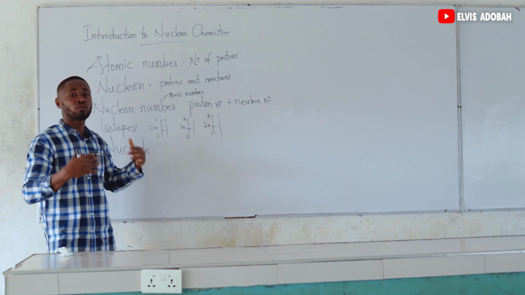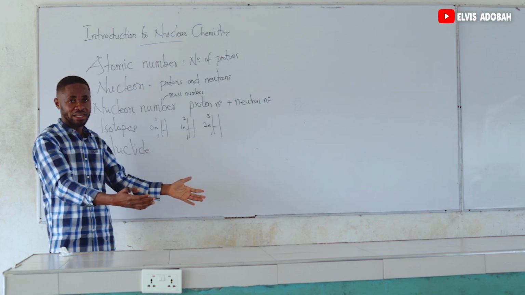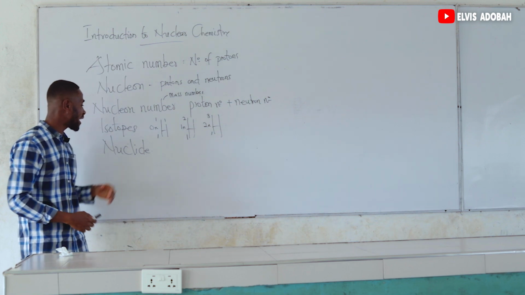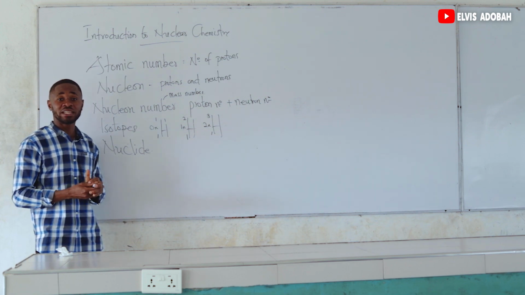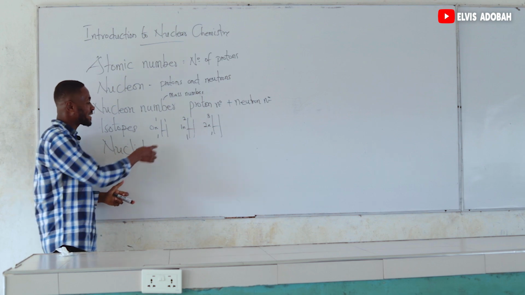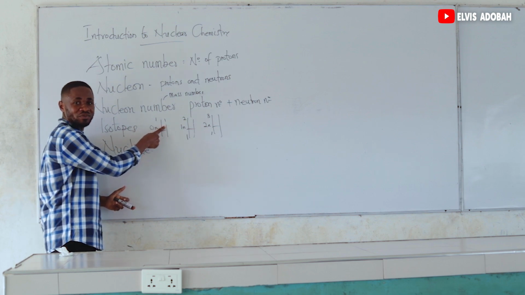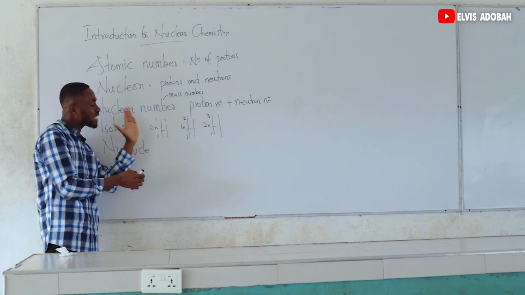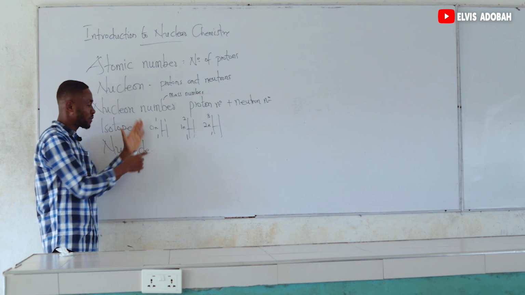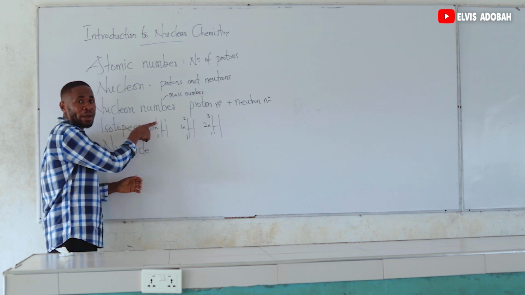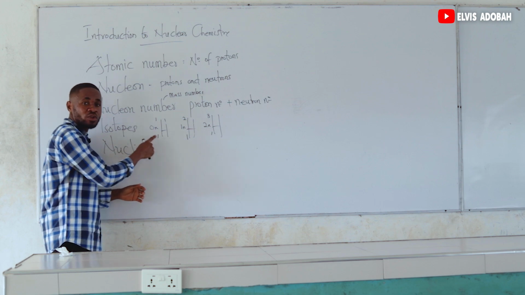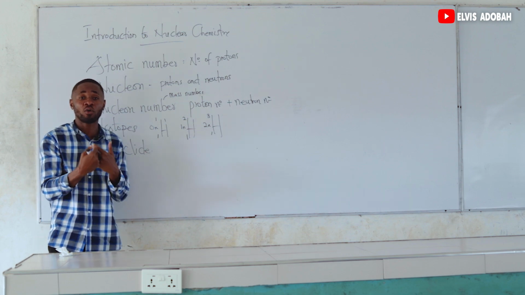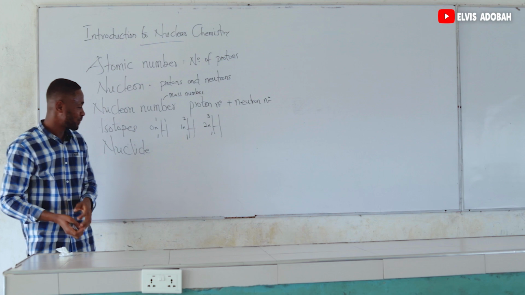We have isotopes of many elements in existence. In representing isotopes, we write the symbol of that element, and to the left side, as a superscript, we write our nucleon number or mass number. And as a subscript, we write our atomic number or the number of protons.